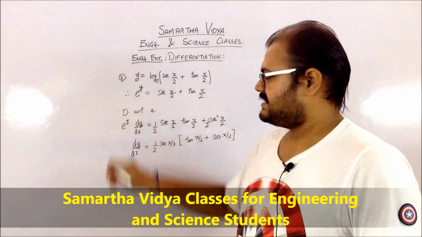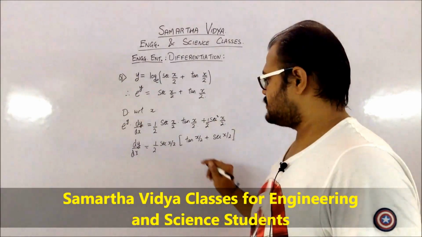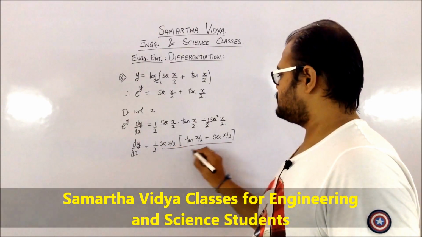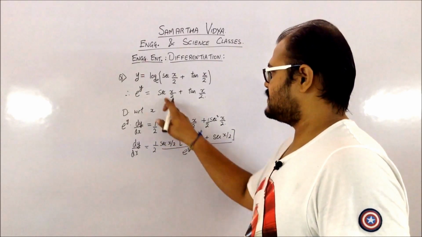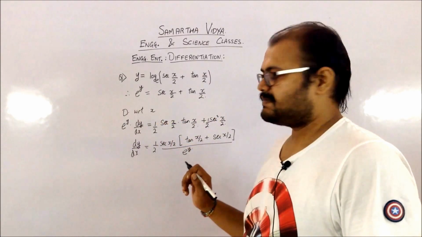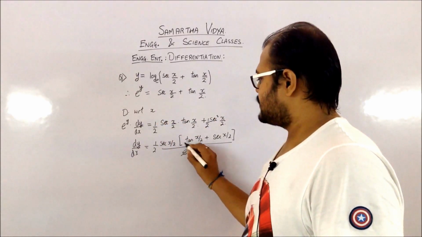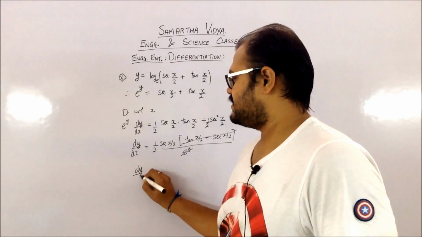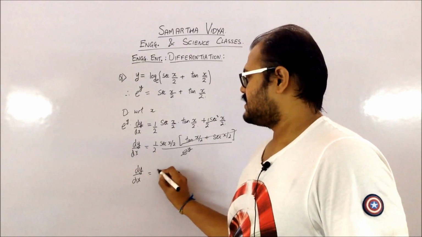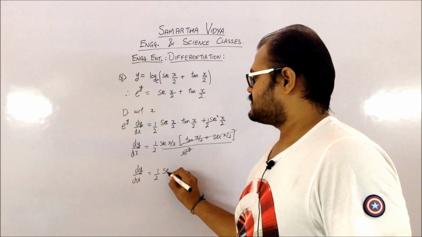Now you can take that e raised to y in the denominator part, so it's going to be divided by e raised to y. But you can see that e raised to y is nothing but your sec x by 2 plus tan x by 2. So that is why this gets cancelled. So you are having your dy by dx as half sec x by 2.